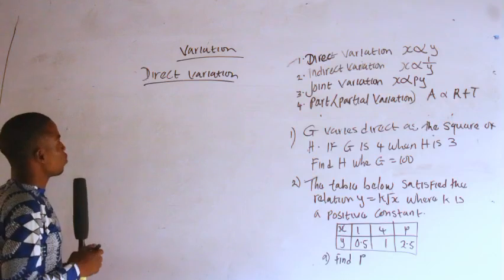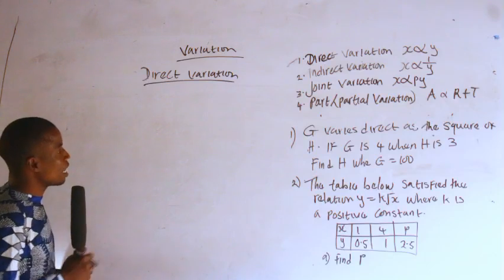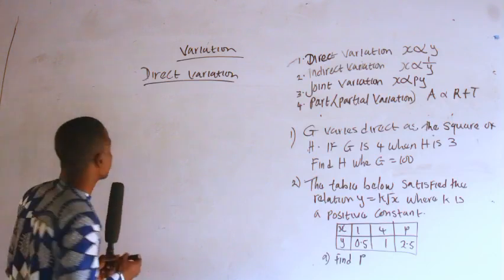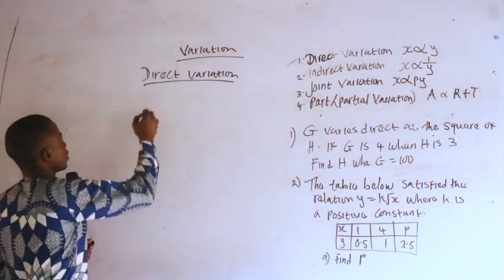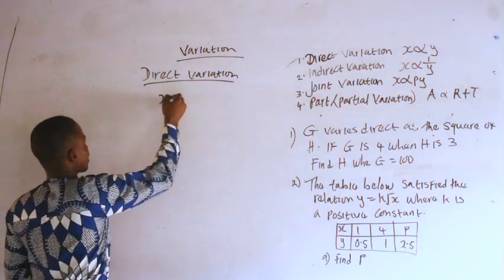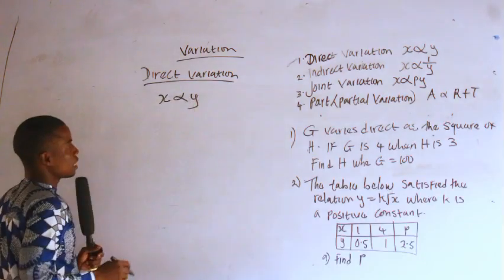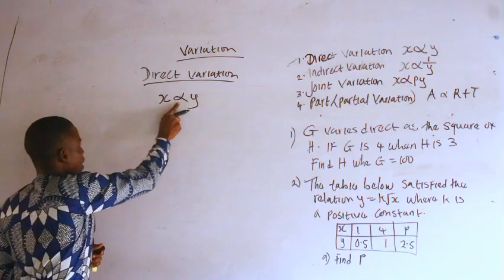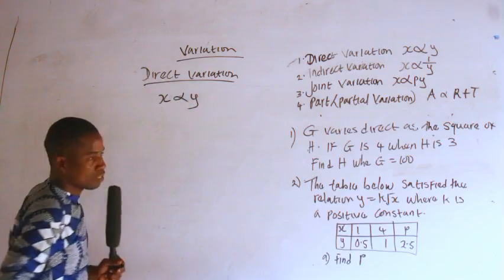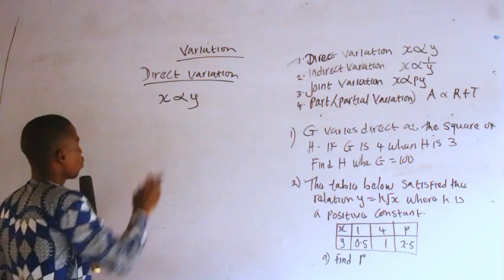Now, we want to look at number one, direct variation. What do we mean by direct variation? Direct variation deals with x and y. Now, this is x directly proportional to y.